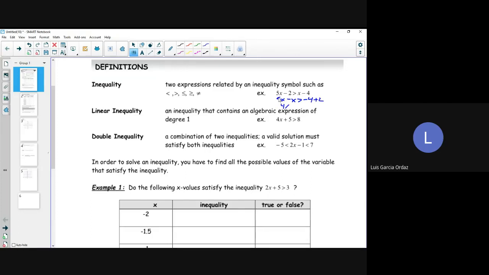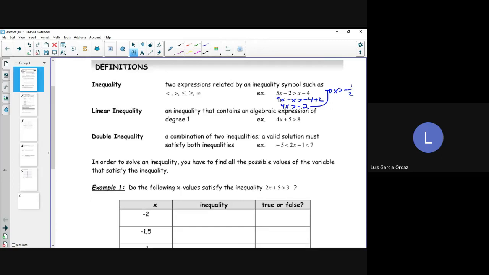We got 4x is greater than negative 4 plus 2, which is negative 2. We divide both sides by 4, and we get x is greater than negative 1 over 2. So you're essentially doing the same thing as regular algebra, just moving stuff to the left side and moving stuff to the right side.